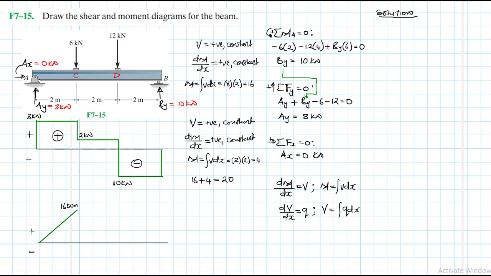It has a positive gradient. But the gradient for this one will be lower, because the gradient for the first one was 8, and the second one will be 2. So we expect a linear increase, from there up to 20.